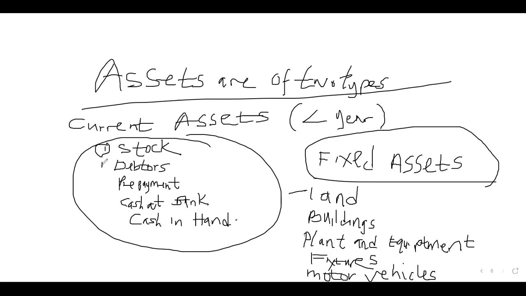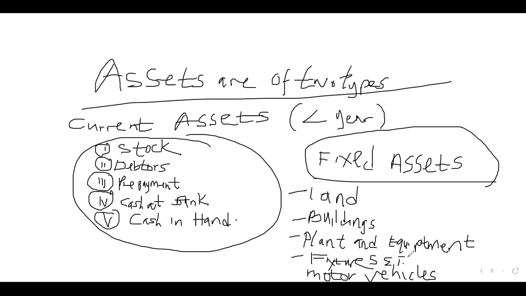And then, of course, we have two types. We have the current assets. We have also the fixed assets. Then the fixed assets are the land, the buildings, the plant and equipment, the fixtures and fittings.